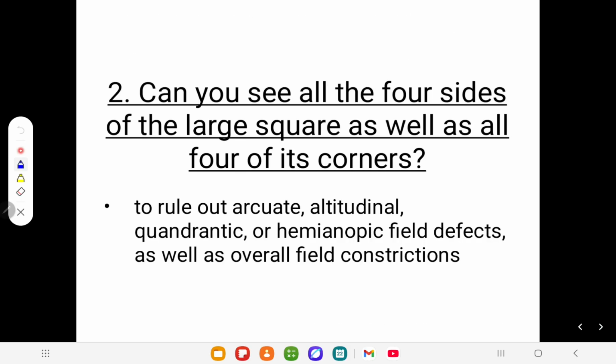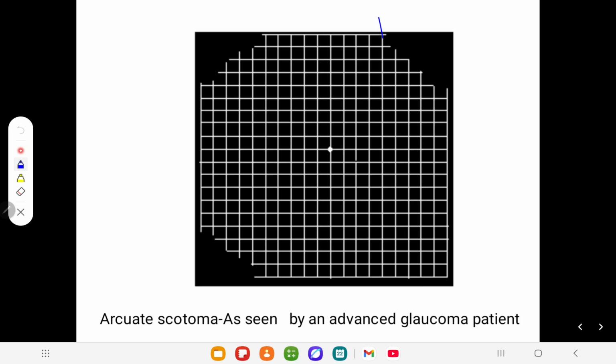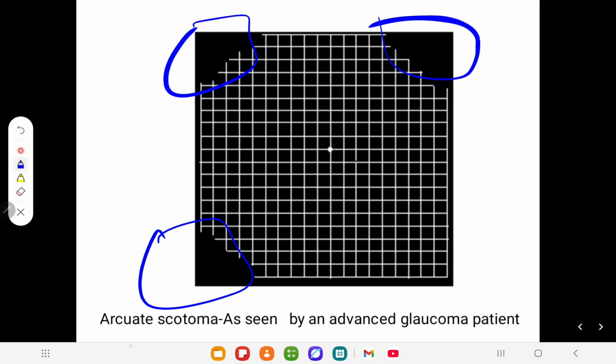So the second question is: can you see all 4 sides of the large square as well as all 4 of its corners? See, this is to rule out arcuate or altitudinal, quadrantic or hemianopic field defect as well as overall field constriction. It means like this. If they cannot see this area, it can be an arcuate defect, isn't it? The arcuate scotoma is seen in advanced glaucoma.